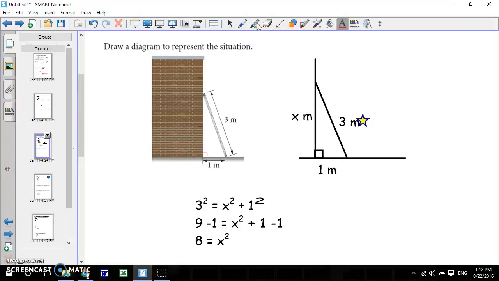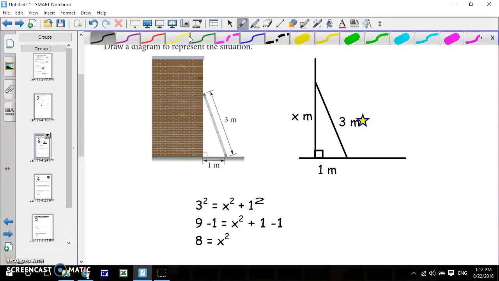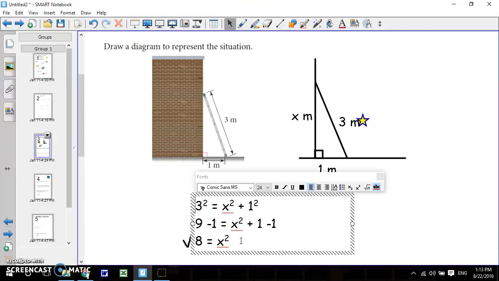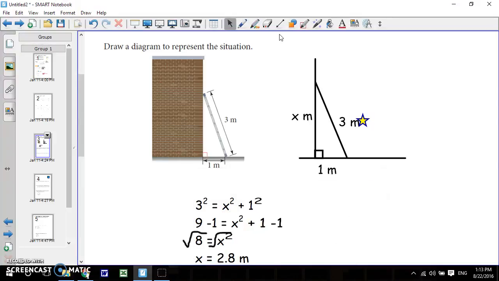And just like the examples we've seen already, in order to find x, we need to take the square root of 8 on both sides. And if you work this out, x is the square root of 8, which is approximately 2.8 meters.